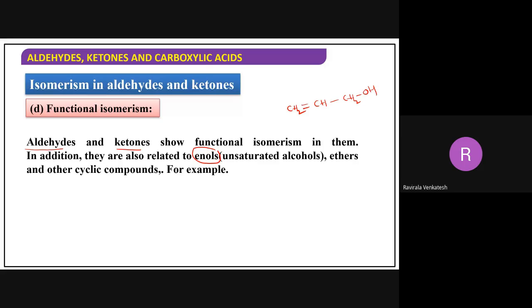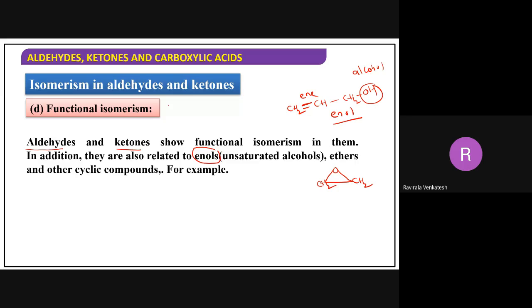It has an ene, a double bond, and an alcohol. These are also functional isomers of aldehydes and ketones because they have the same molecular formula. Whichever molecules have a double bond and an alcohol group are called enols. And cyclic ether means like this, a cyclic ether, which also comes under functional isomers.